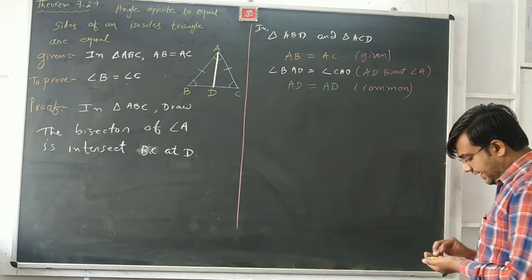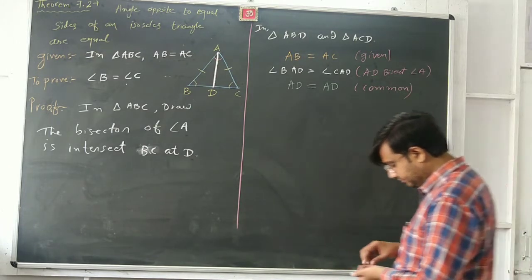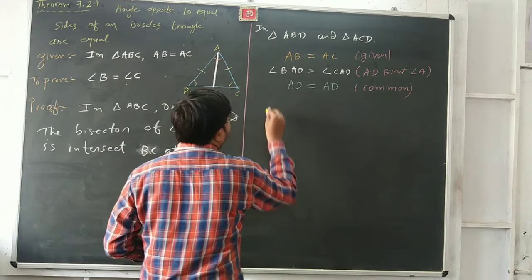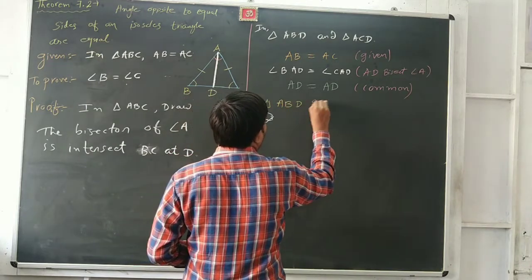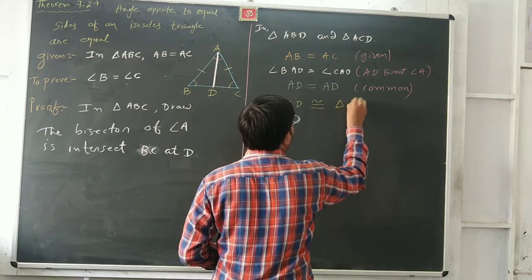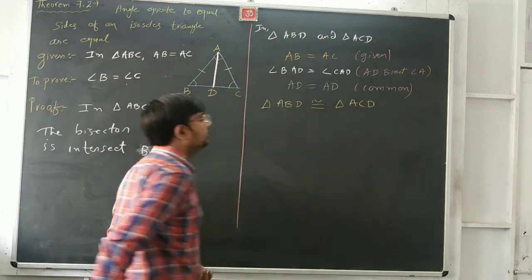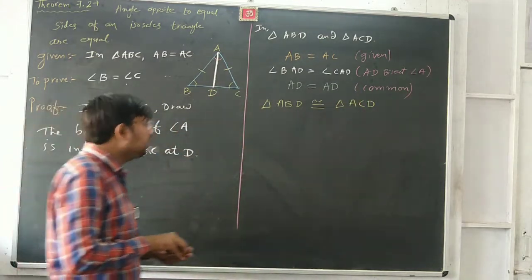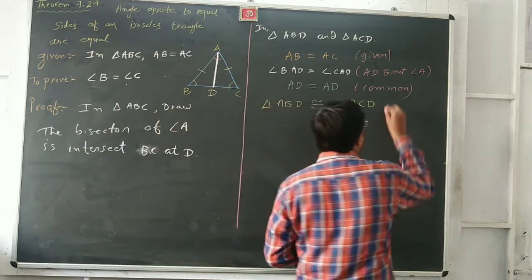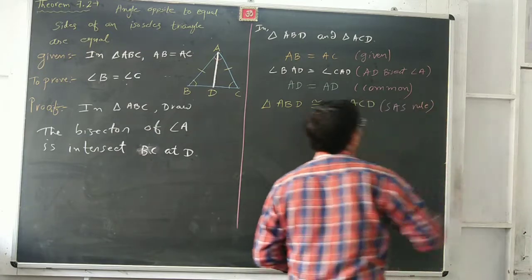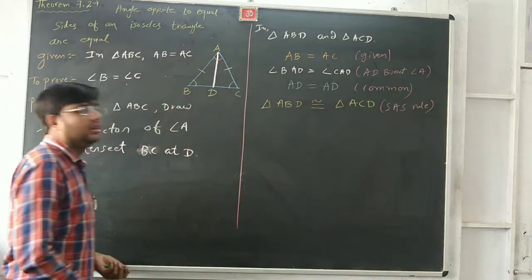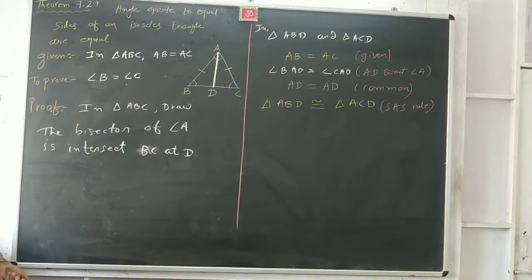Right? So I can write that triangle ABD is congruent to triangle ACD by the SAS congruence rule, side angle side rule.